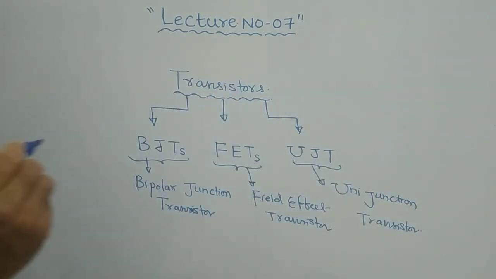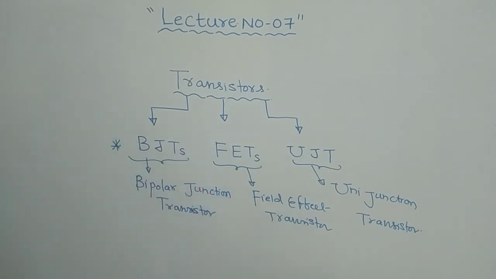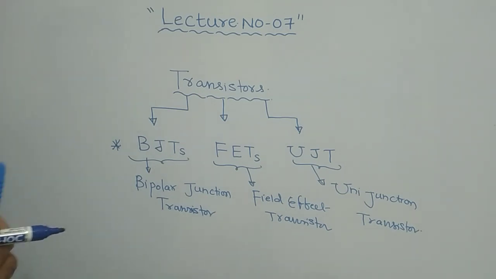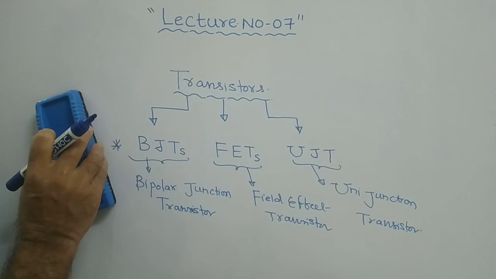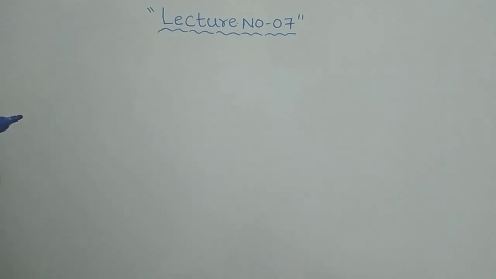Today we will see some important information about BJT, the first classification. Afterwards, one by one, we will see the others. Let us consider BJT, which is nothing but your bipolar junction transistor.